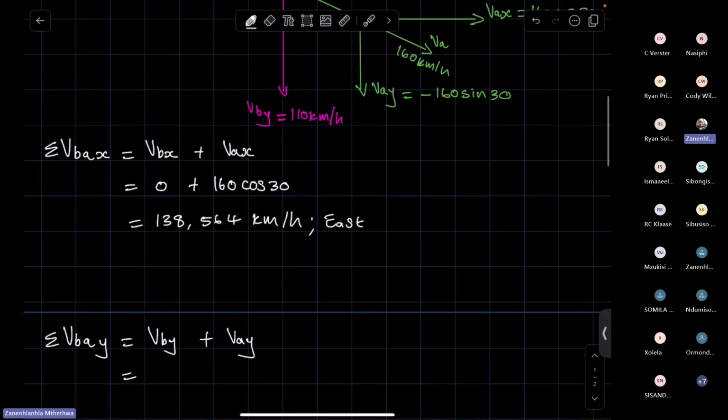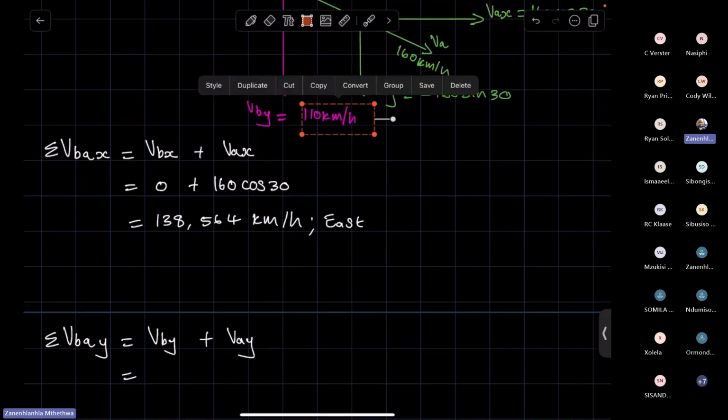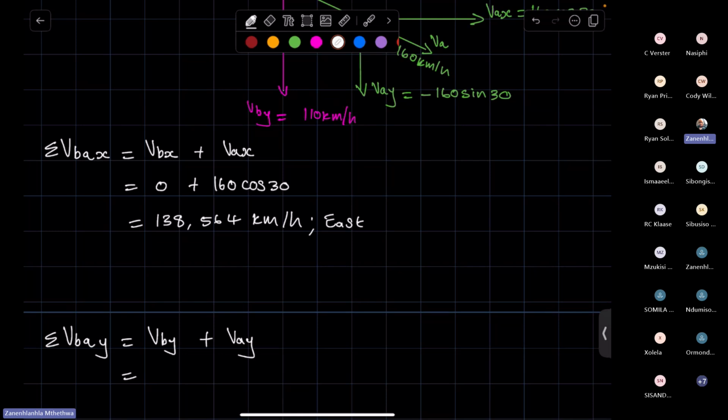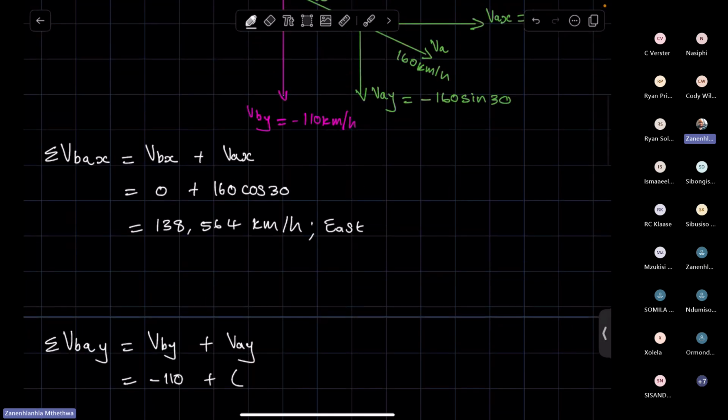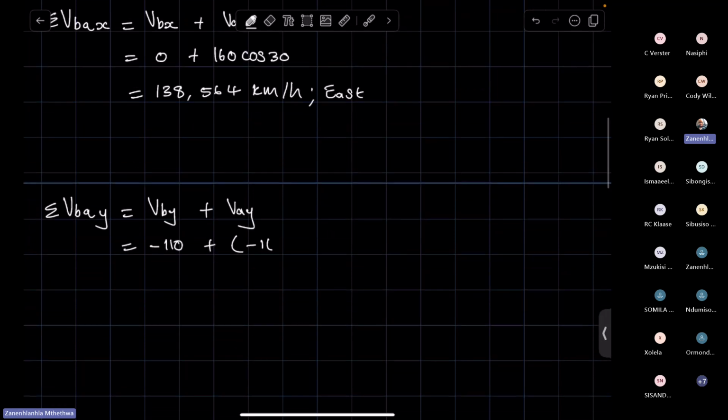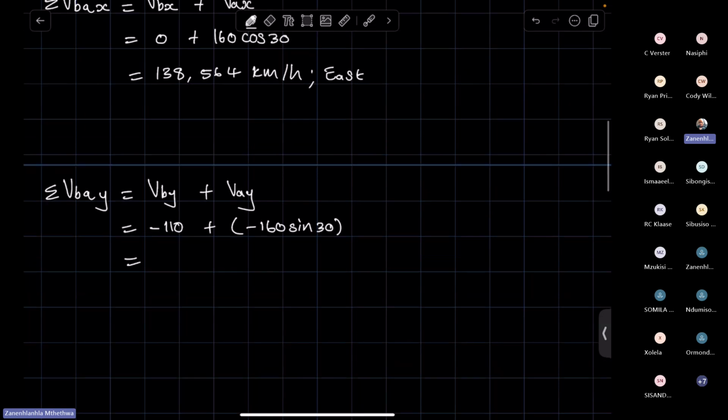VBy is negative 110, plus VAy. VA in the y direction is negative 160 sine 30. What is negative 110 plus negative 160 sine 30? What do we get? Negative 190.